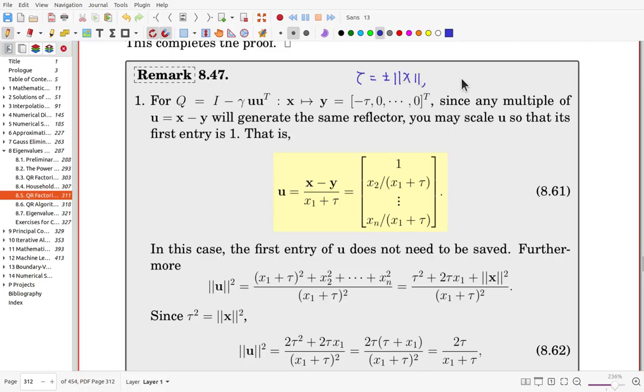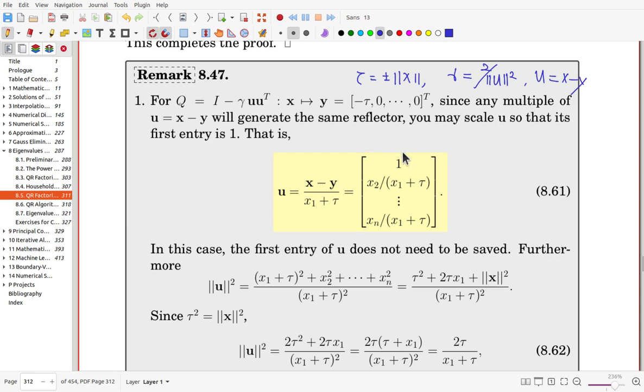Also gamma must be 2 over the norm of u squared, right? And of course, u is the same as x minus y. We know that.